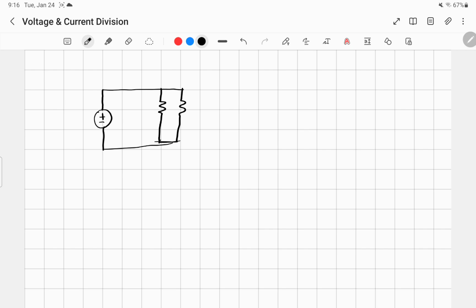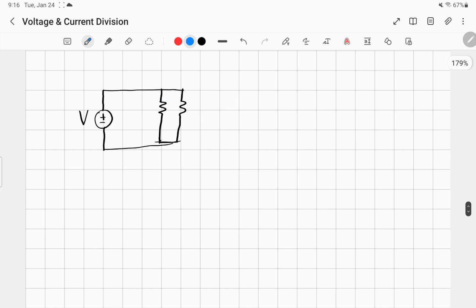Let's say this is at a certain voltage. Across which resistor will the voltage be higher, R1 or R2? I want you to pause the video and think about this. Does R1 have a higher voltage across it, or does R2?